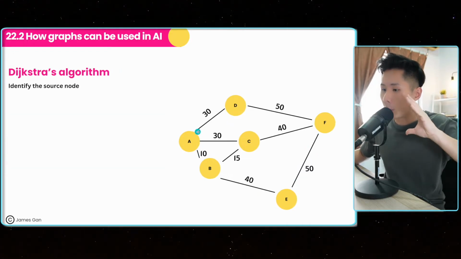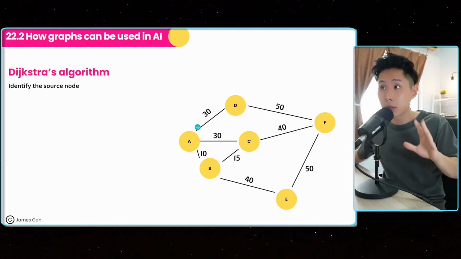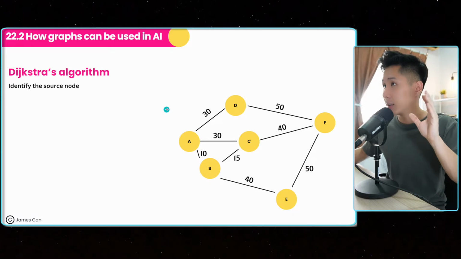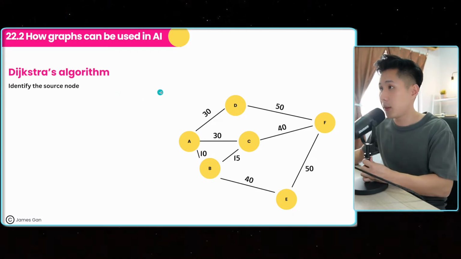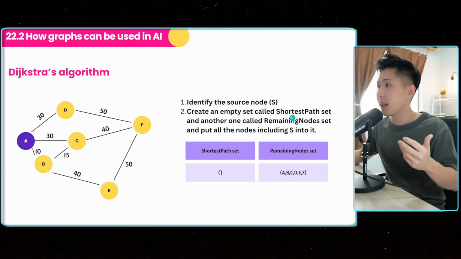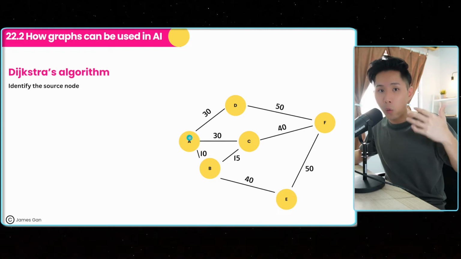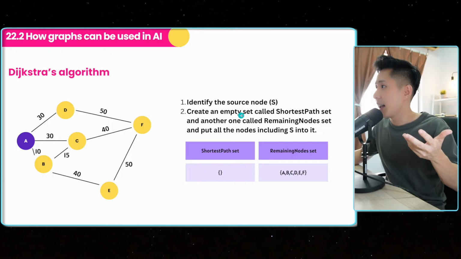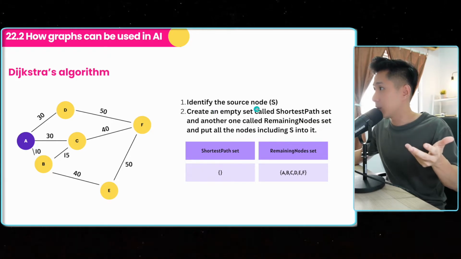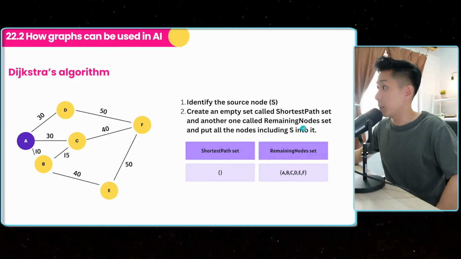But then we need to teach our computers an algorithm to find the shortest path. This is when Dijkstra's algorithm comes in. It is an algorithm that helps you find the shortest path in a graph. First of all, in this algorithm, we need to identify which node here is the source node. Then create an empty set called shortest path set, and another one called remaining set, and put all the nodes including S into it.